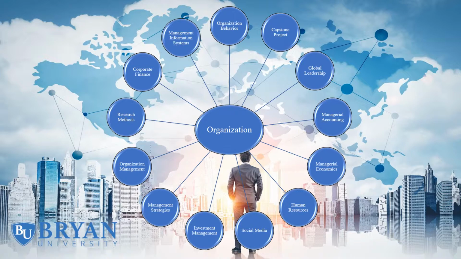Managerial economics is understanding how the economy works, understanding how it impacts business, and how to implement changes and make the right decisions, be it investing, expansion, maybe shrinkage, depending on what the situation is.